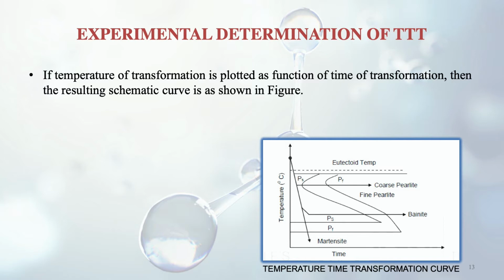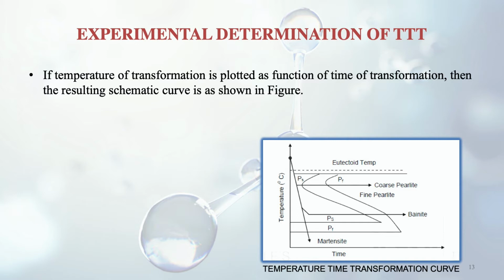The starting of the transformation is given by the line marked PS, shown by the red arrow, and the finishing of the transformation is given by the line marked PF, shown by the green arrow.